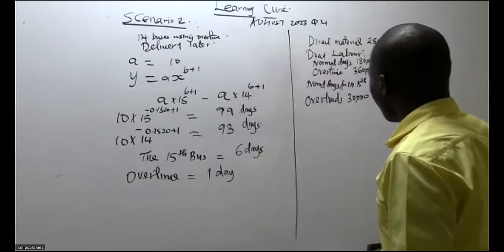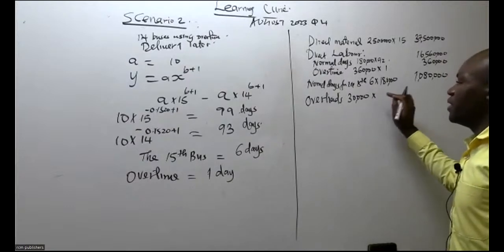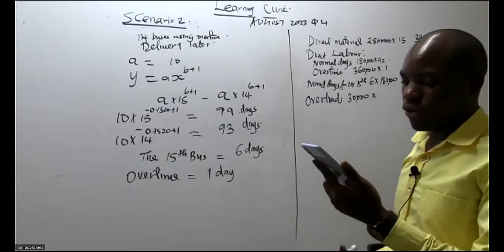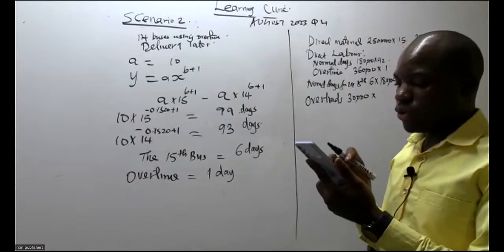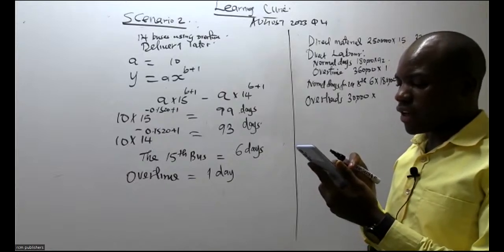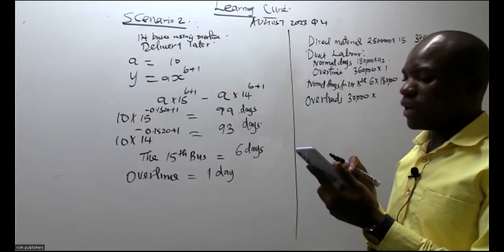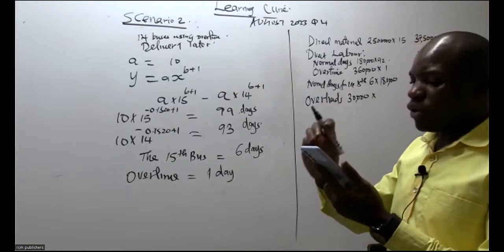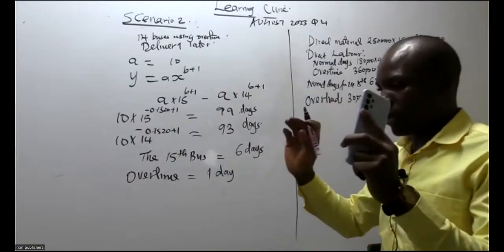Overtime rate is 30,000 by the number of days. Let me read the statement for you. The overtimes will be allocated to the special order at the rate of 30,000 per normal working day, and no overtimes will be allocated for overtime working.